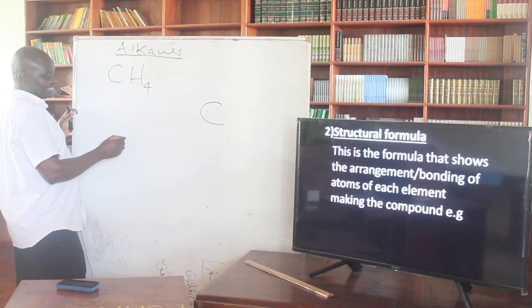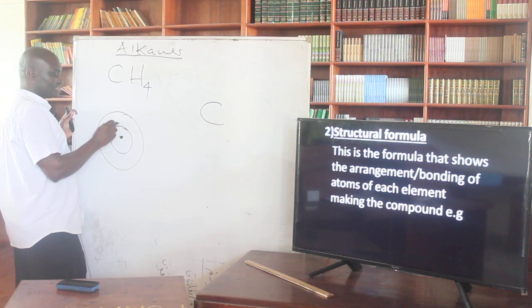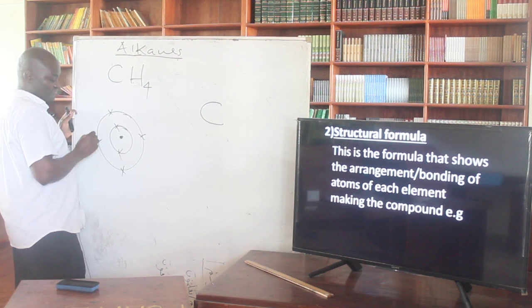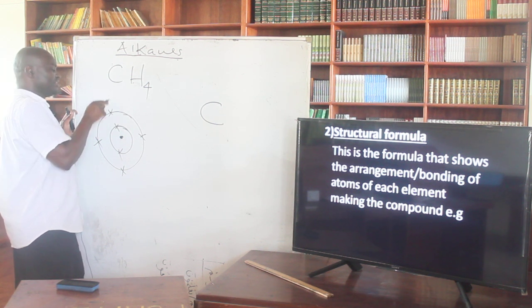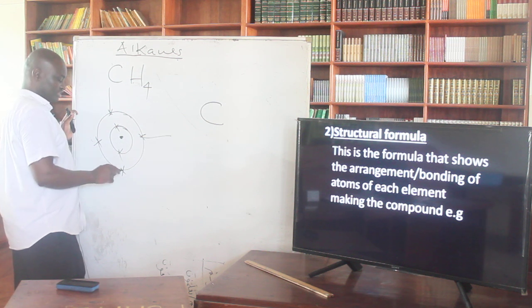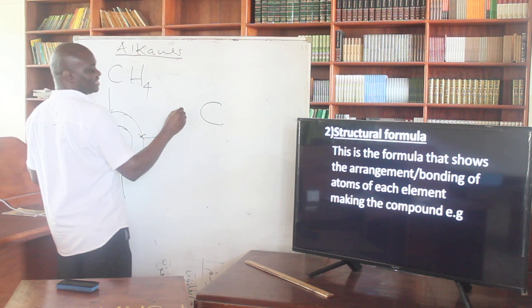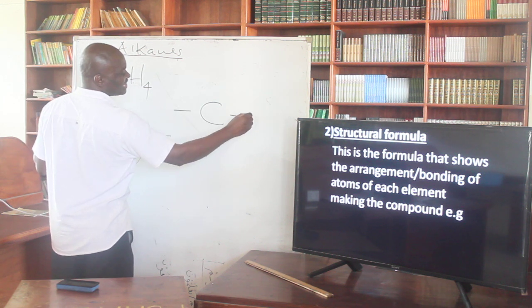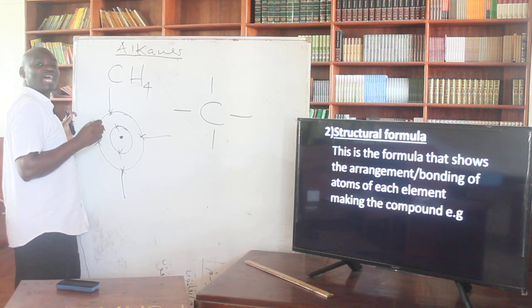Remember we said that each carbon atom can form a maximum of 4 bonds. It can share this electron, share that one. So how many bonds? 4. So this one can form a bond there, there, there, and another there. How many bonds? Those are 4.